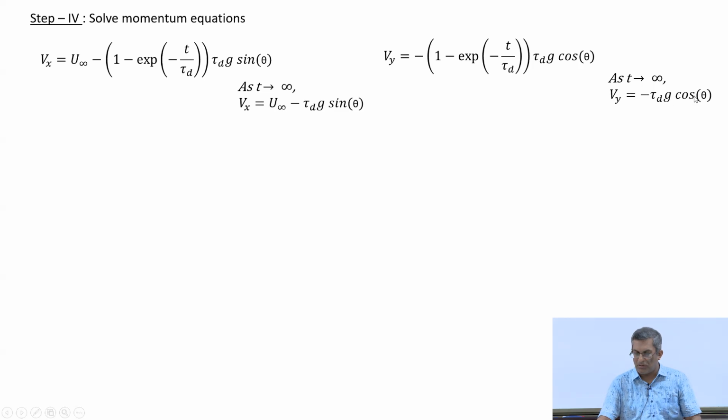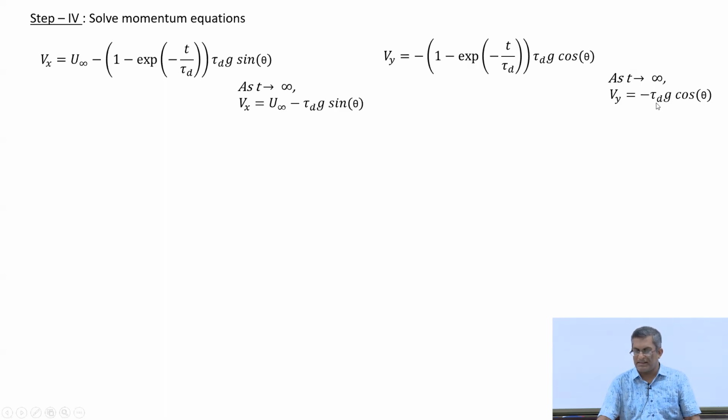In this case also, if theta is equal to 0, what do we get? Minus tau dg. Why do we have the minus sign? Only because of the coordinate that we have chosen.